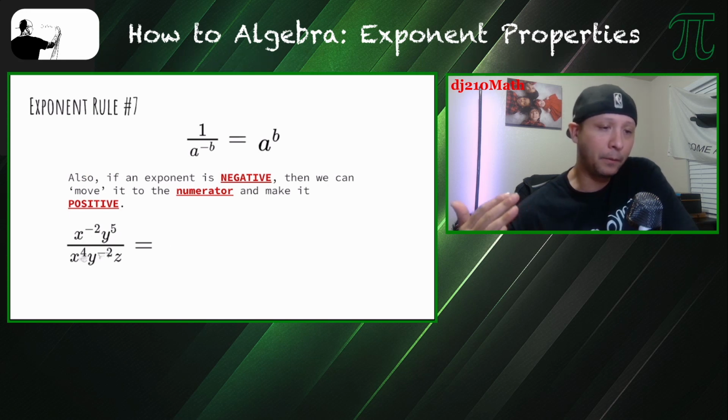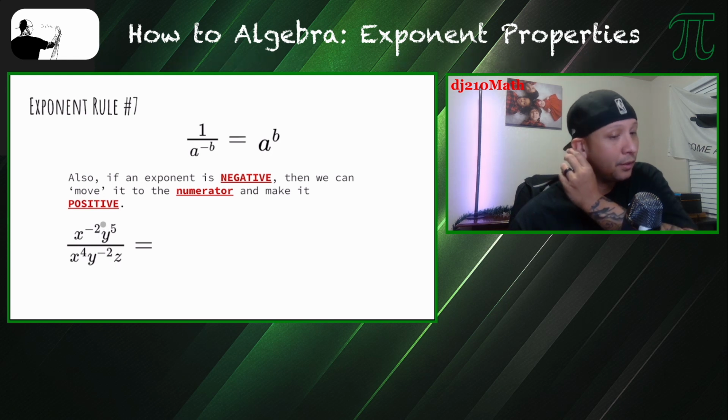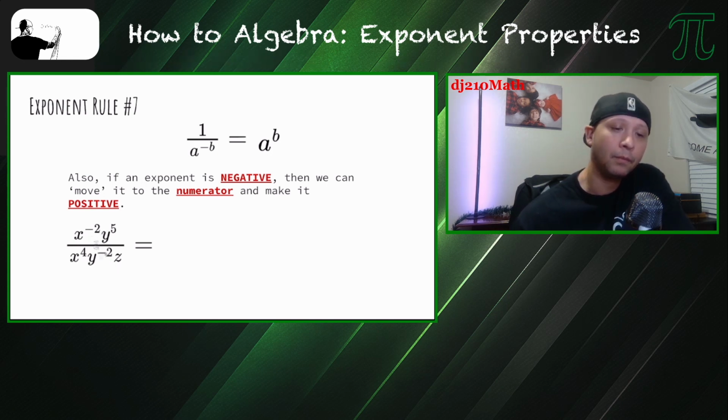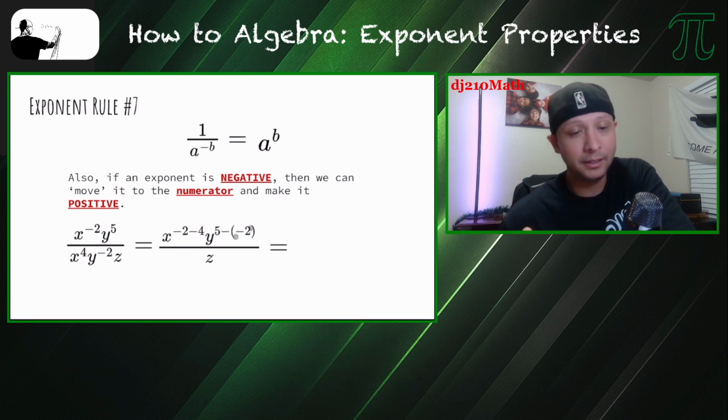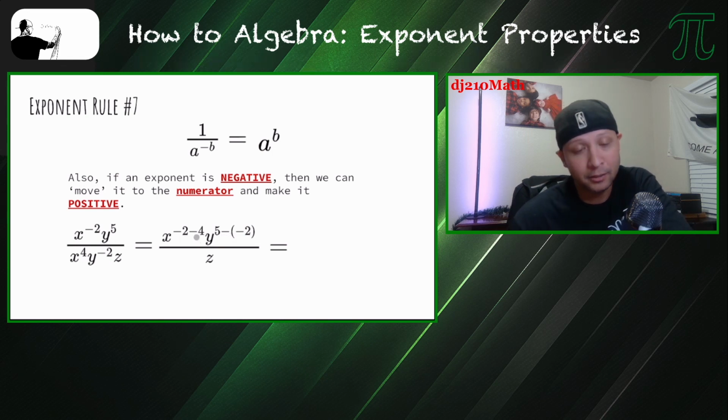Okay, applying what we learned previously, we can do the common bases, top minus bottom. So x to the negative 2 minus 4, y to the 5 minus negative 2. All right. Negative 2 minus 4 is going to be negative 6. 5 minus negative 2, that's essentially plus, so 5 plus 2.